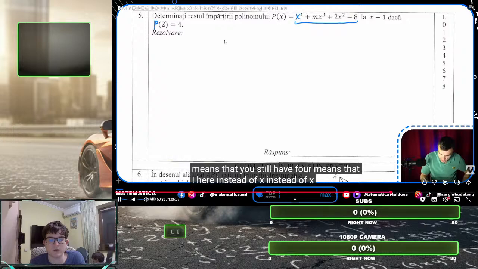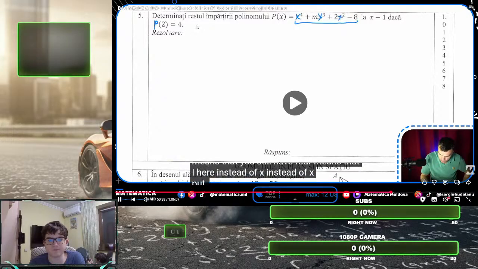Now here you gotta find what we have from the division of this fraction by that fraction if p of 2 is equal to 4.